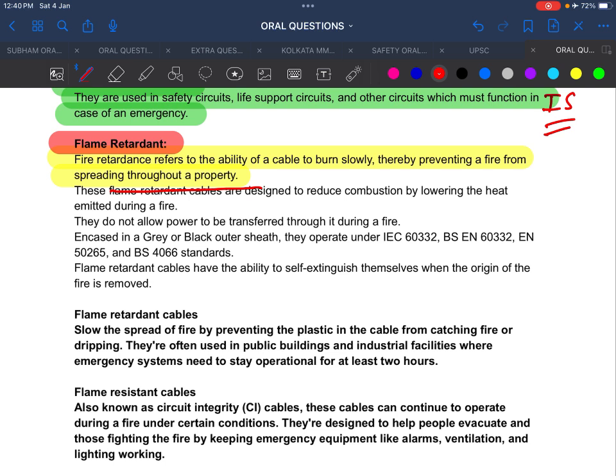What happens here? This flame retardant cable is designed to reduce combustion by lowering the heat emitted during the fire. So how can it reduce this combustion?